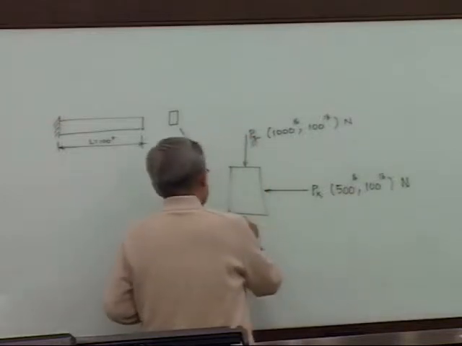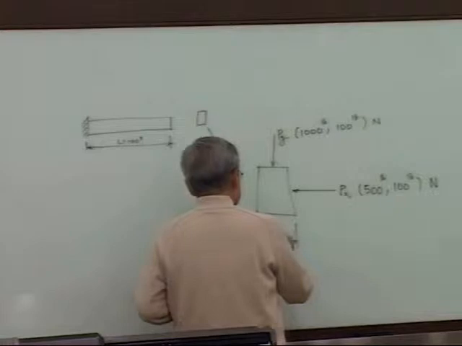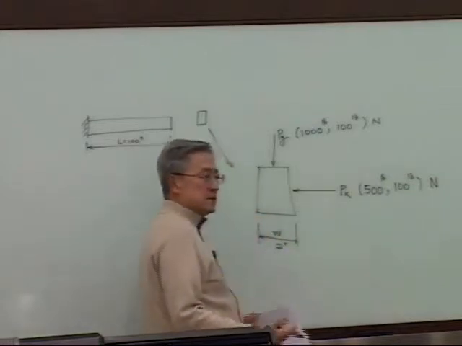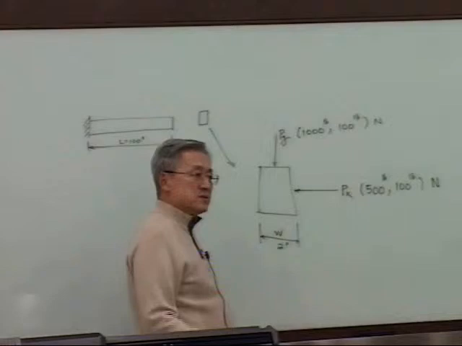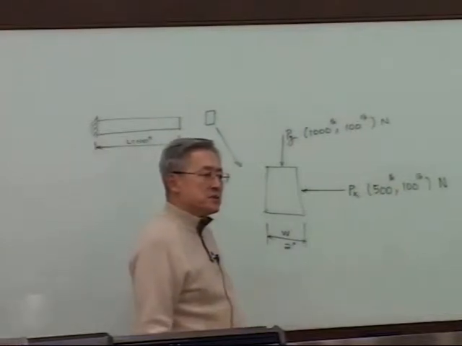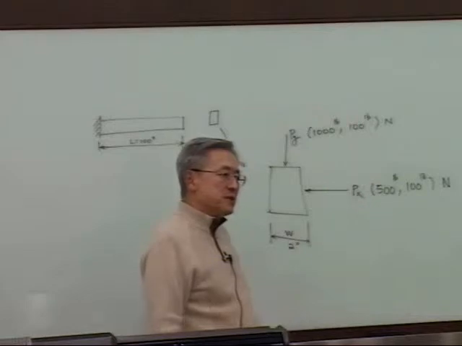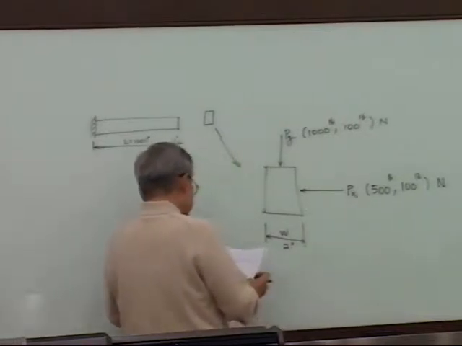And this width is w. This w is 2 inches. Of course, you can assign w as a random variable. So any quantity which has variation, you can assign the statistical property for those quantities.